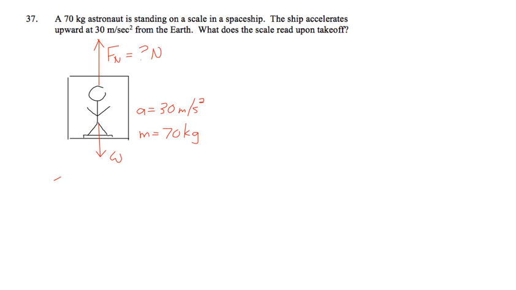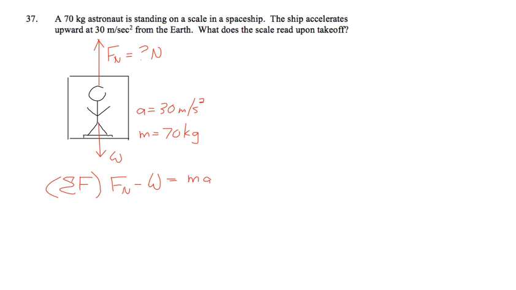So if I write my descriptive equation here, what's my descriptive equation? Right, Fn minus W equals ma. And Fn is the unknown.